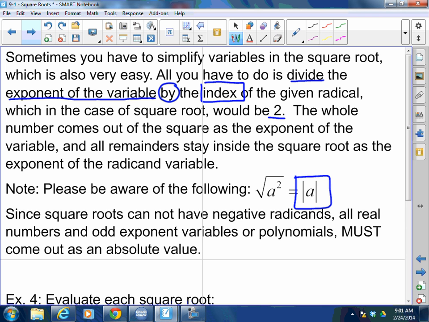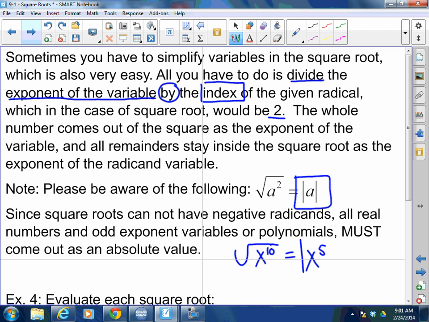Let's say I tell you, find the square root of just straight up x to the 10th. What's the exponent of the variable in the radicand? 10. What is the index? 2. What's 10 divided by 2? 5. Are there any leftovers? No. So it comes out as x to the 5th. But is that an odd exponent?